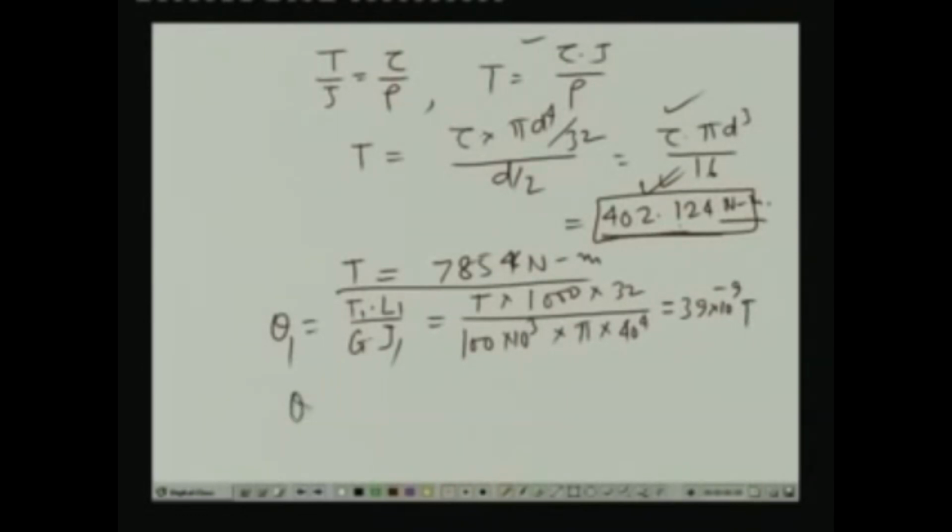And likewise theta 2, if we compute as T, T also is the same twisting moment, only the variable is L2 by GJ, which will be 1250 as the length times 32 by 100 into 10 to the power 3 times pi into 50 to the power 4.